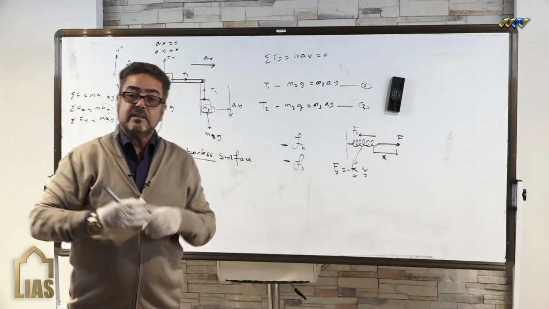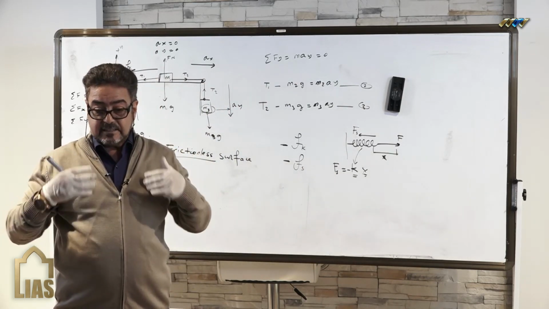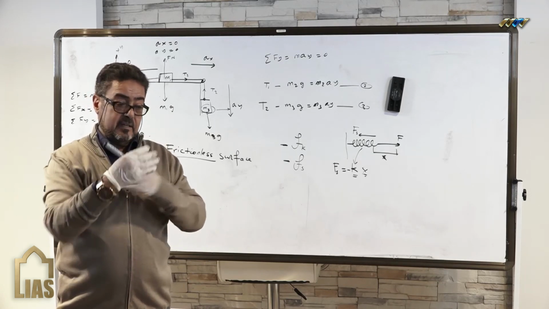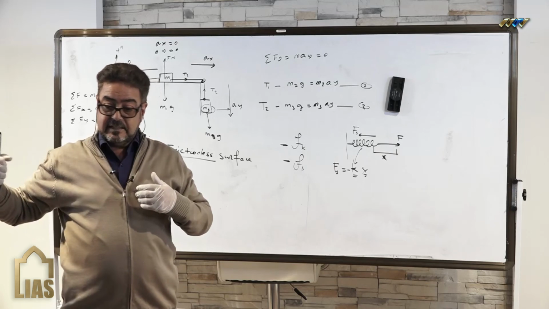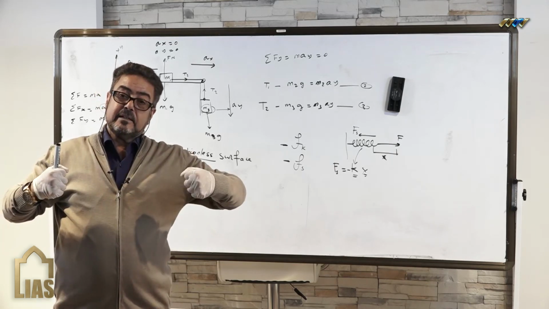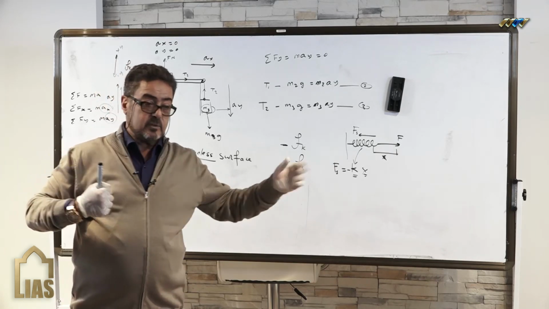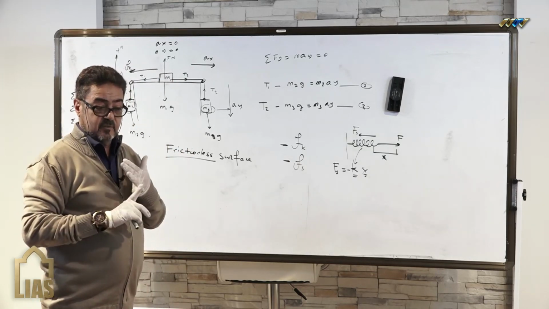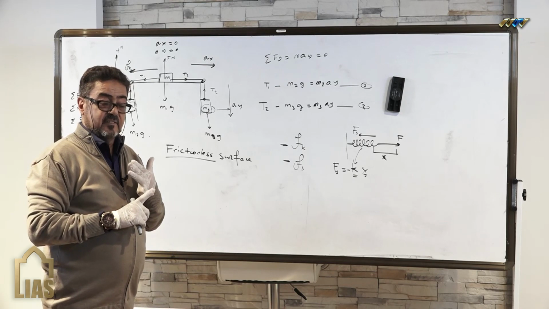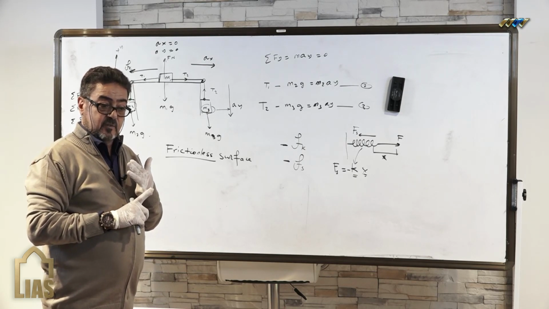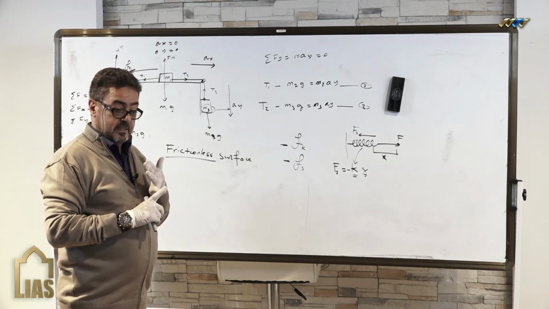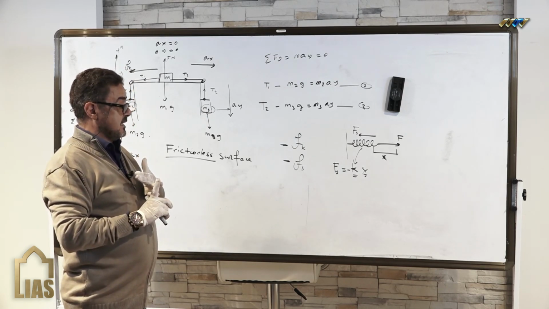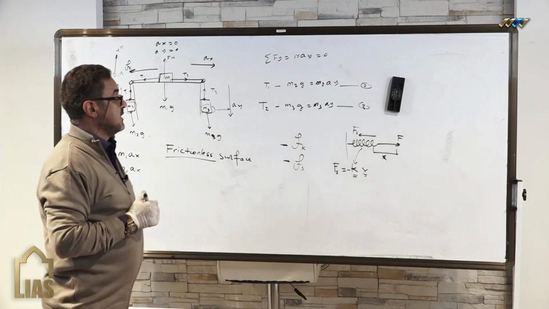We give it also as a negative value because it's the opposite direction to the movement. If you take the spring this way, the force of spring goes the other way. It's also negative. These are the negative forces, frictional force, Fs and Fk. Frictional forces are negative. What else? The spring also is negative. That's what we have here.